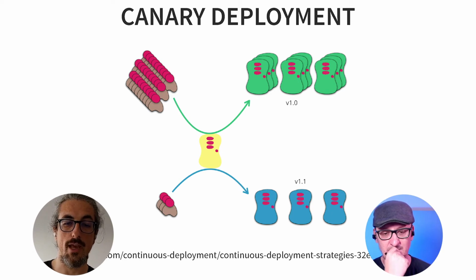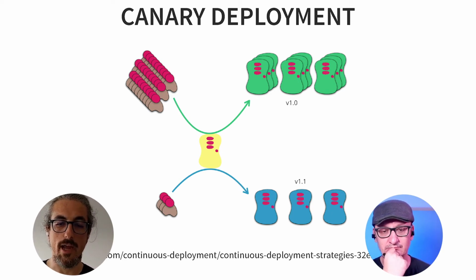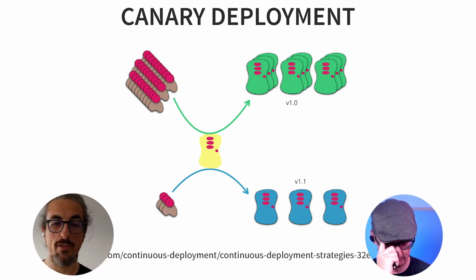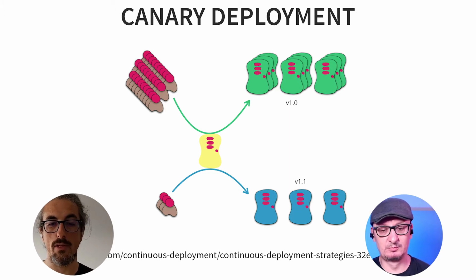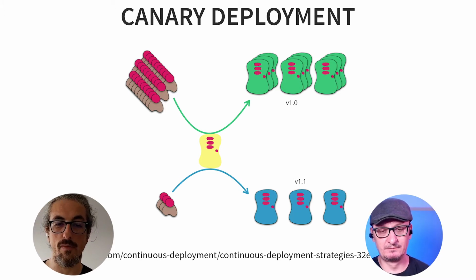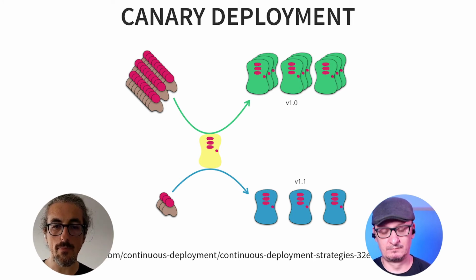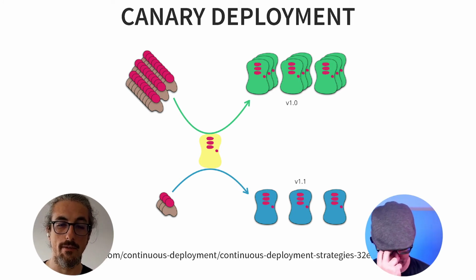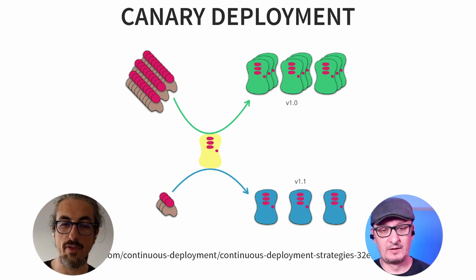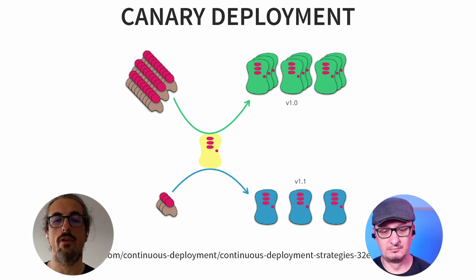So typically what companies do is, okay, first, only employees access the new version. So if there's anything wrong with the new version, employees detect it before it reaches external users. And then you could start with 5% or 10%, and then 15, 20, 30, 40% of users going to the new version while the other ones are stuck with the old version.